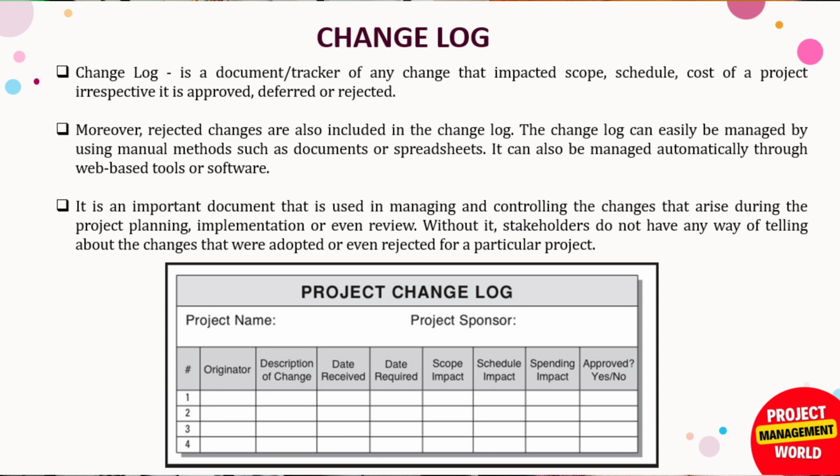Same for the schedule impact, same for the cost impact, that is spending impact here. And then the last column we have is approved, yes or no. So whether it is approved or rejected, we should maintain this project change log for all the changes that arrived during the project.